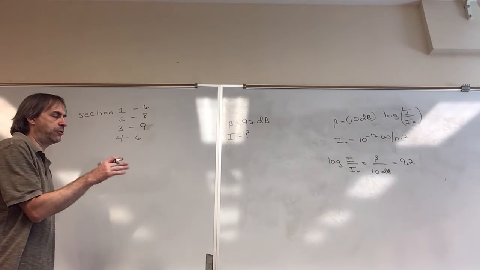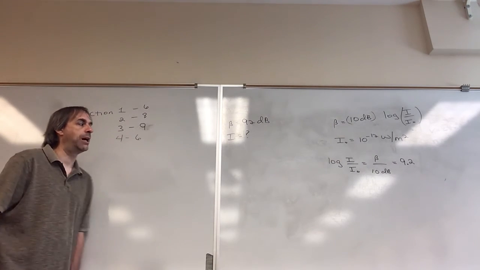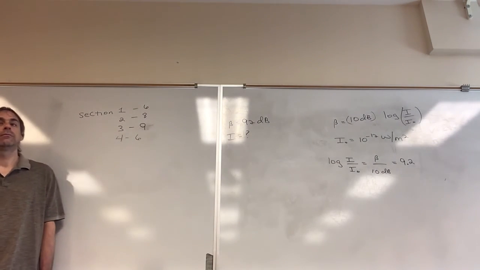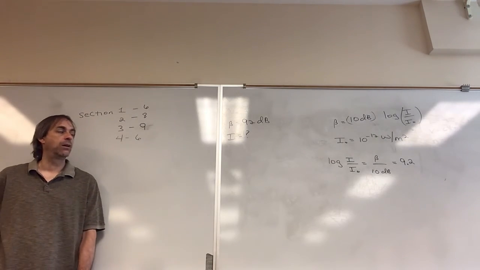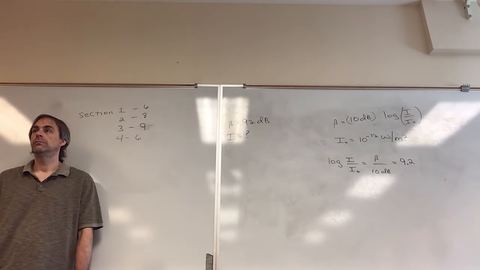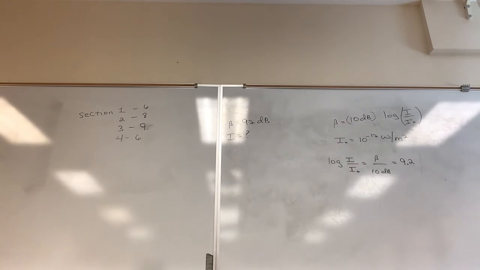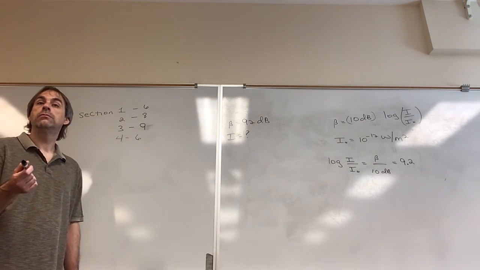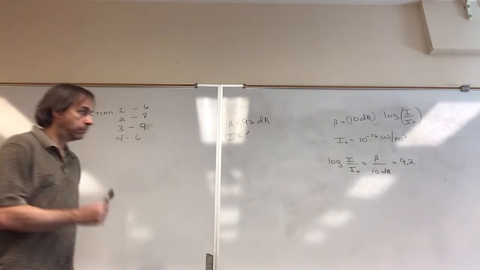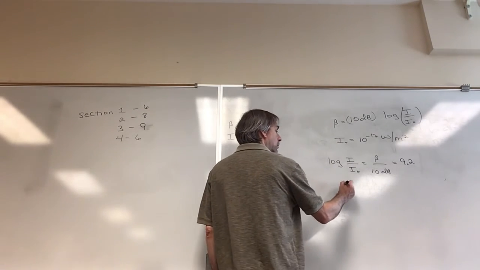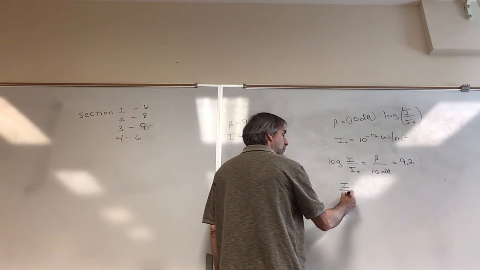So we have the logarithm of I over I naught is 9.2. How do we get I itself? Would you do 10 to the 9.2 equals I over I naught?